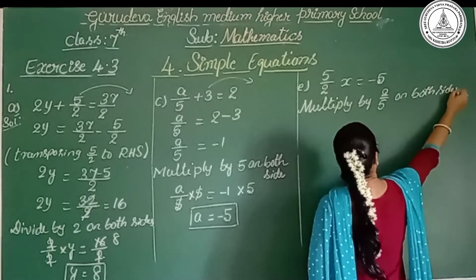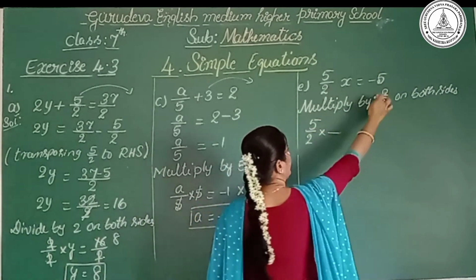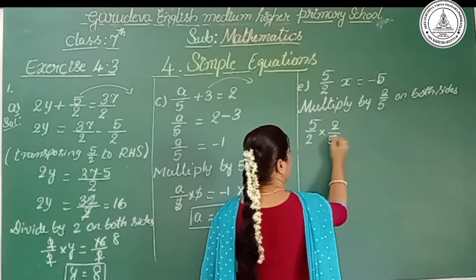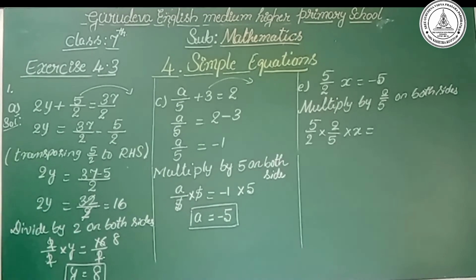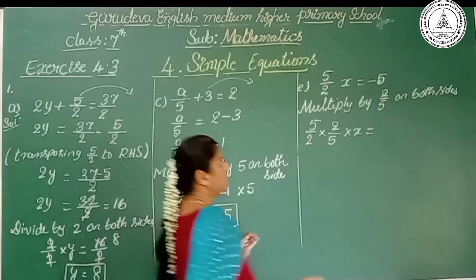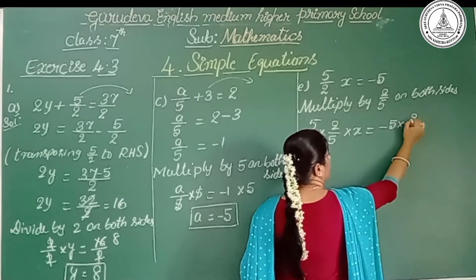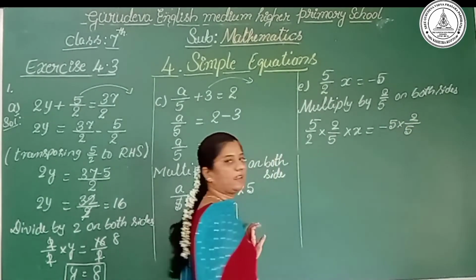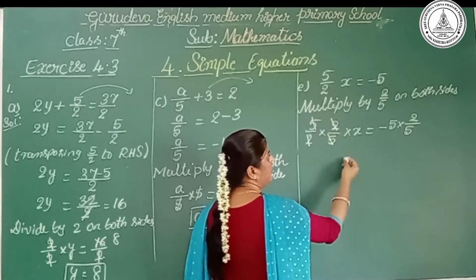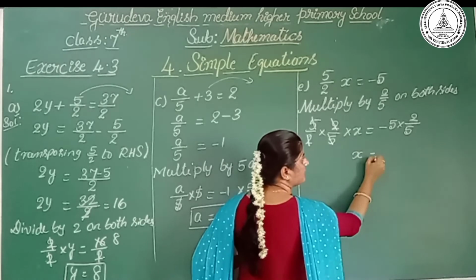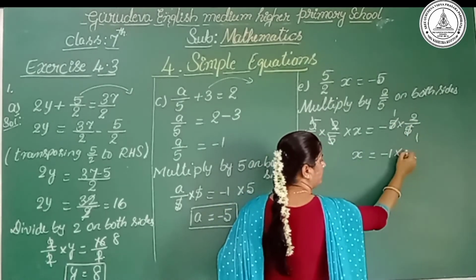What we will get in the left hand side is 5 by 2 into 2 by 5 into x equals minus 5 into 2 by 5. 5 ones are 5, 2 ones are 2. Then the remaining is x equals, 5 ones are 5, then minus 1 into 2.